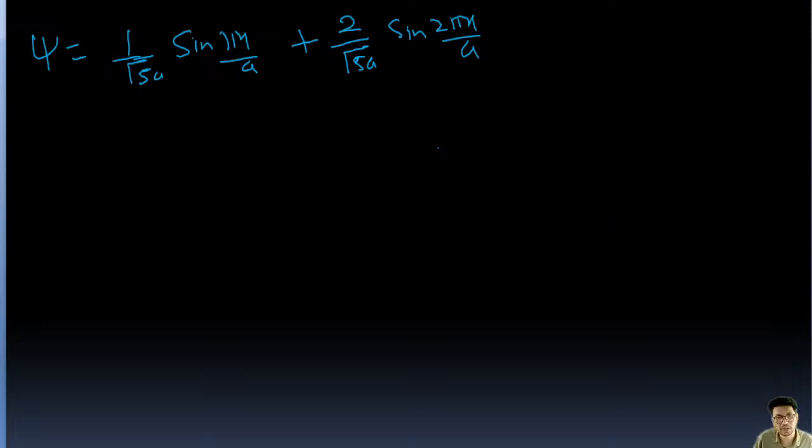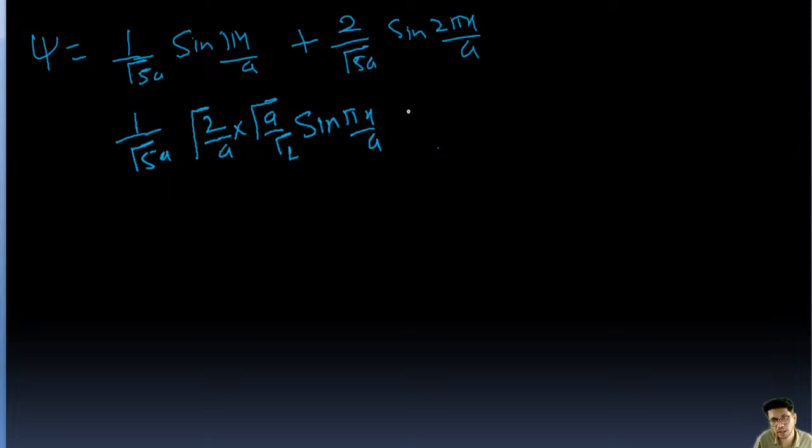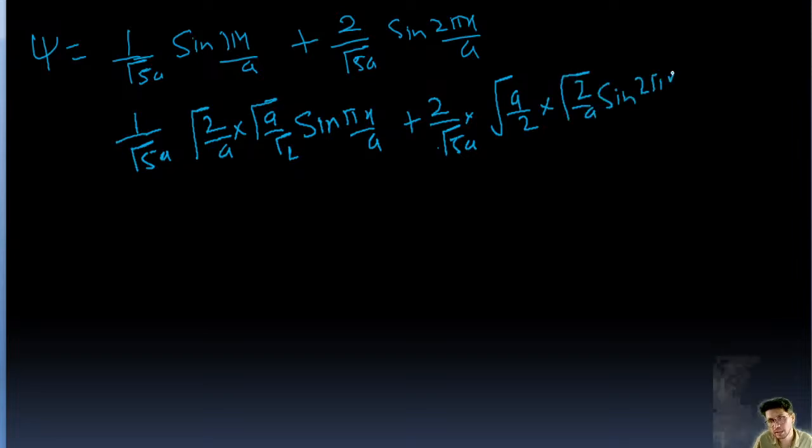For that, we can take 1 upon root 5a, multiply by root 2 upon a and divide by a upon root 2, so this does not affect the expression. So this is sine(pi x upon a) plus 2 upon root 5a into root a by 2 into root 2 upon a sine(2 pi x upon a).